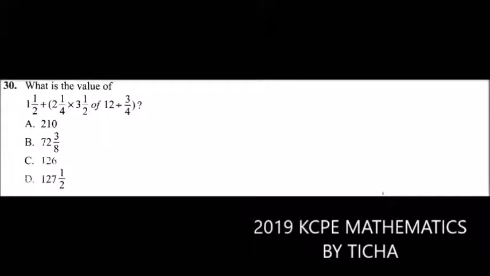Question number 30. What is the value of 1.5 plus into bracket 2.25 times 3 and 1/2 of 12 divided by 3/4? So here we had dealt with a similar question in the first question. So you apply BODMAS, and we said BODMAS means bracket, of, division, multiplication, addition, and subtraction.